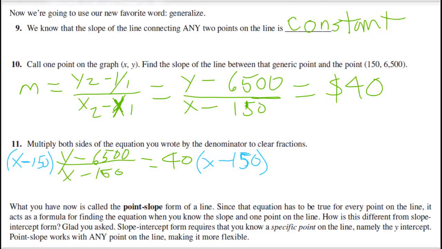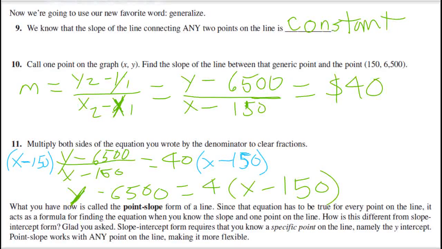We change both sides, but we change them in the same way. So y minus 6,500 equals 40 times x minus 150. Okay. And you'll notice that there's some discussion there.